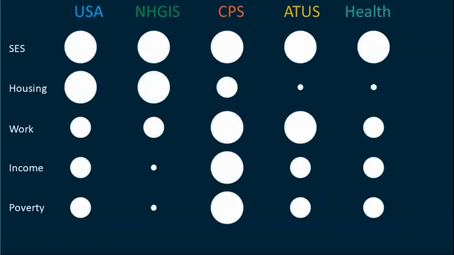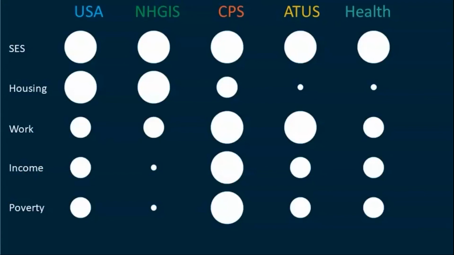These next two slides visualize the availability and representation of specific topics across different projects. Larger dots indicate greater representation of those topics, and smaller dots, or no dot, represent little or no representation. Here, for example, we can see that all projects have pretty good representation of measures on socioeconomic status, but that HUS and the Health Surveys projects, NHIS and MEPS, have little information on housing.